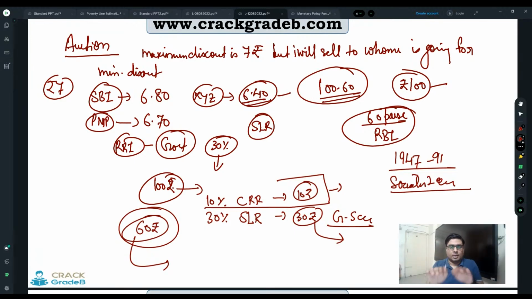When RBI wants to shift this balance, because RBI wants to maintain inflation. If RBI feels that inflation can be better controlled by changing this balance, the availability of money for the government versus the private sector, financial institutions and common man, then they will use what? SLR, statutory liquidity ratio. So in that way, SLR is used as a monetary policy instrument.